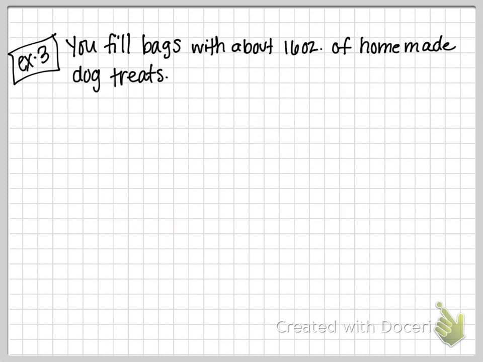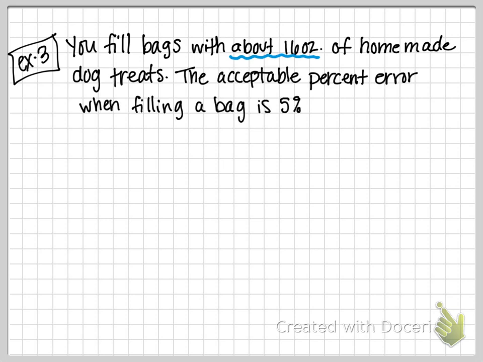So for example, it says you fill bags with about 16 ounces of homemade dog treats. So this is where we're going to get percent error, because basically you're estimating what's about 16 ounces. You're not measuring it, but you're putting in what you think is about 16 ounces of homemade dog treats into bags.